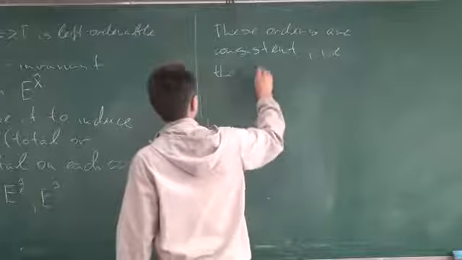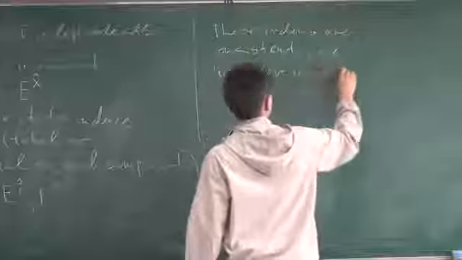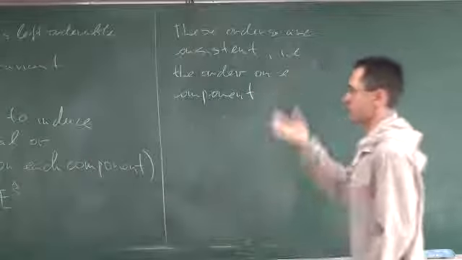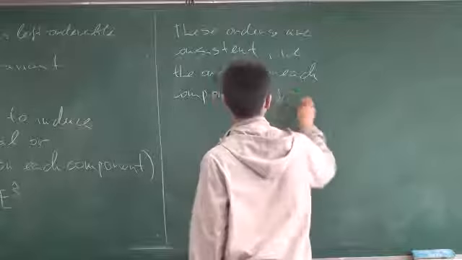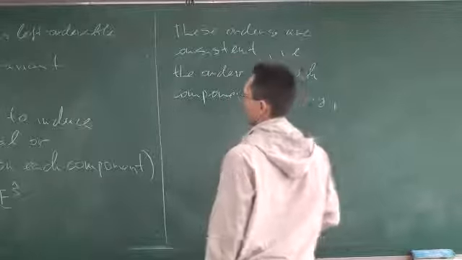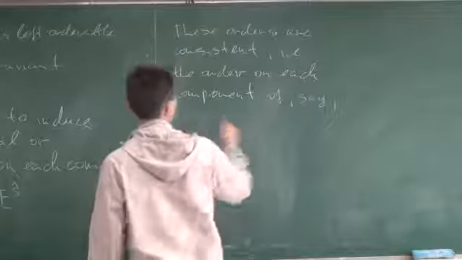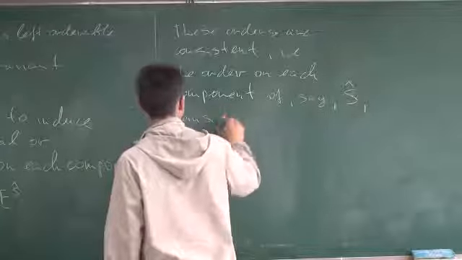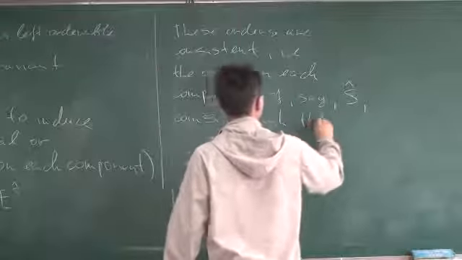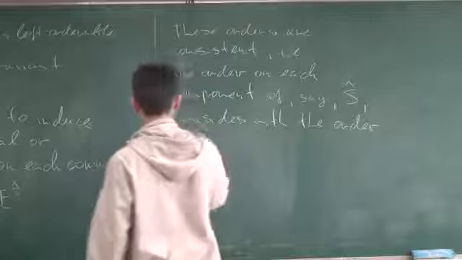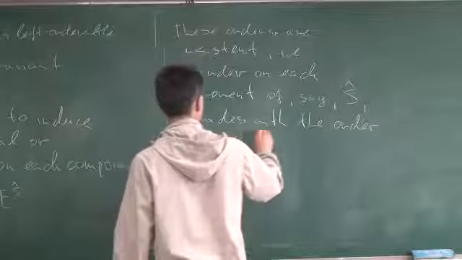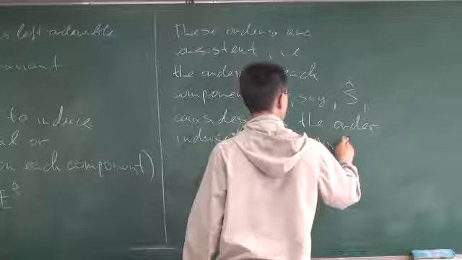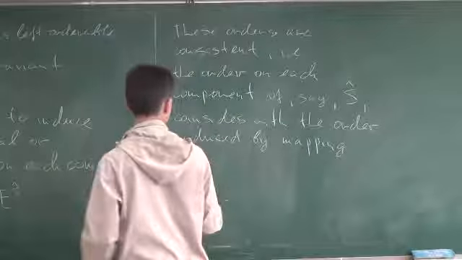The order on each component, because it maps injectively on each component of, say, S hat, coincides with the order induced by mapping this component to, say, Y hat.